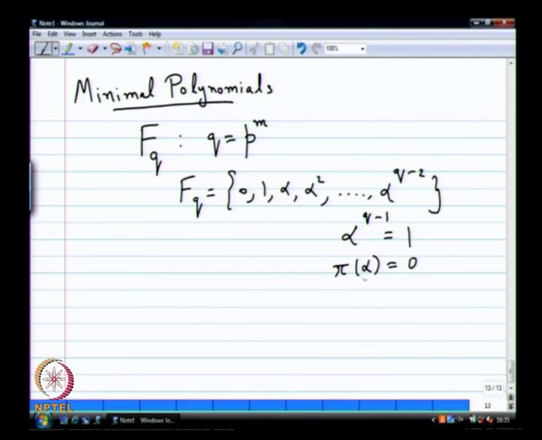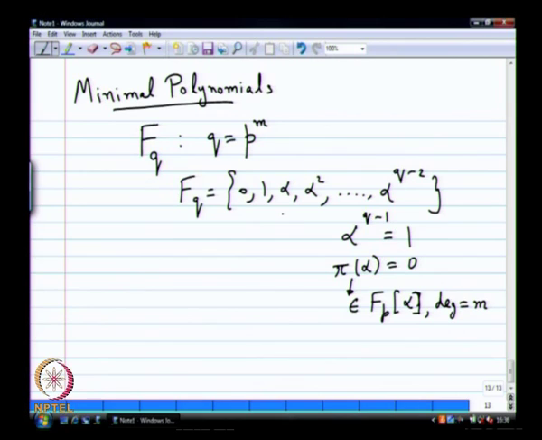Pi of alpha is a degree m polynomial with coefficients in F_p. So, this belongs to F_p[alpha], with degree equal to m. Okay. So, that is the general way of describing F_q.